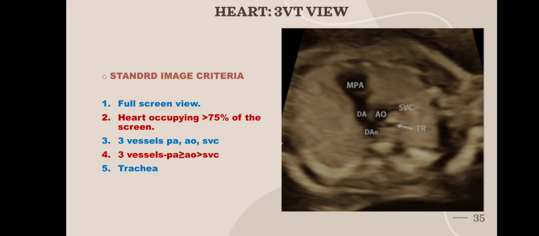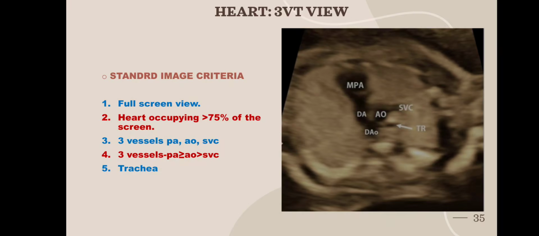Now 3VT views. The 3 vessel and tracheal view, commonly known as 3VT view, is among the most powerful screening planes. 3 vessels should be identified in sequence: the pulmonary artery, the aorta, and the superior vena cava.